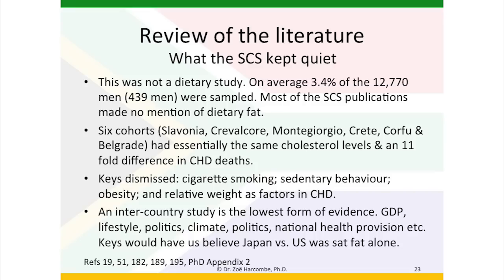So a large proportion of the cohorts undermined even the conclusions of the 7-country study itself. And Keyes dismissed smoking, sedentary behaviour, obesity and relative weight as factors in coronary heart disease in any situation. And this was not widely known, so we took his findings on saturated fat with great weight, while knowing at the same time that he was wrong about smoking, sedentary behaviour, obesity and weight.